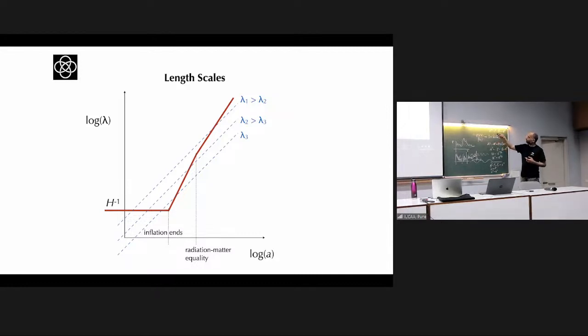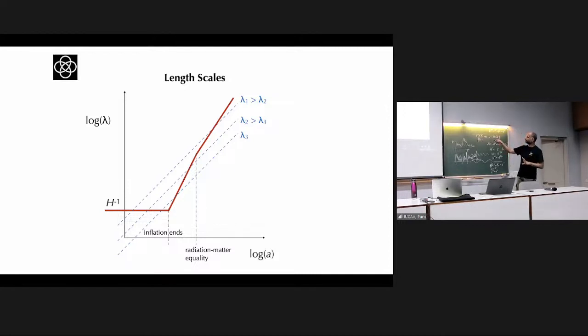Okay, so this long wavelength that I have shown you here, it is entering during which epoch according to this plot? Matter domination. And the short wavelength that is shown here, it is entering during radiation domination. And I have tried to show you an intermediate wavelength which is entering just around the time when matter and radiation are the same. Okay. So now this is going to lead to very interesting physics later, which we will see.